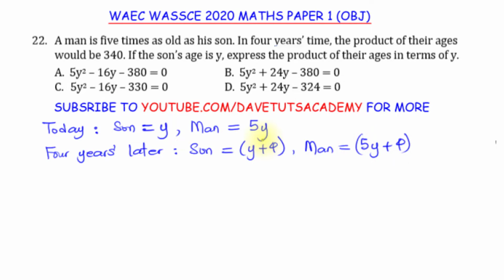So that 5 multiplied by y will not be tenable in 4 years' time, because both of them would have added 4 years to their ages. Now we are told that the product of those ages will be 340 in 4 years' time. So the product of the son y plus 4 multiplied by the man 5y plus 4, that product is going to be what?